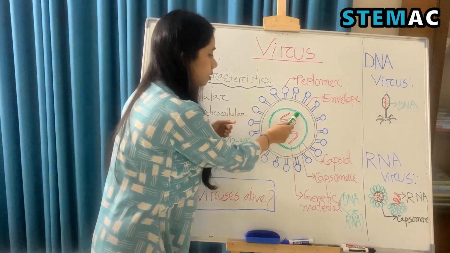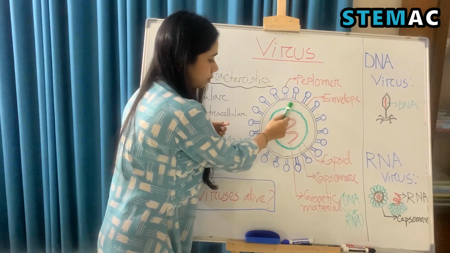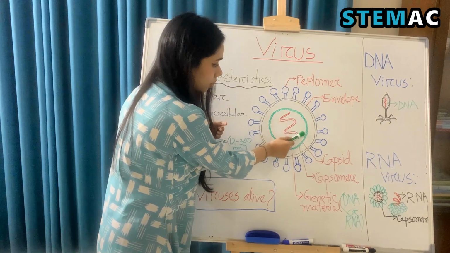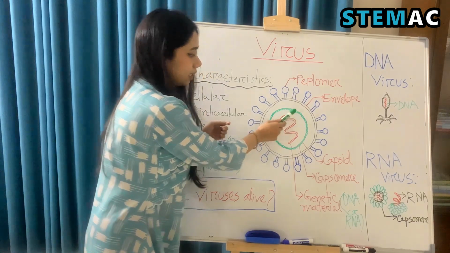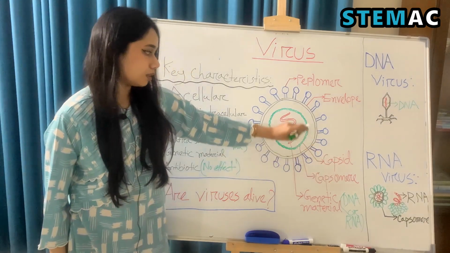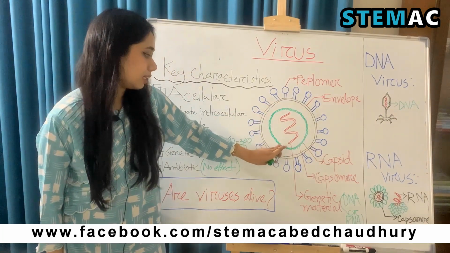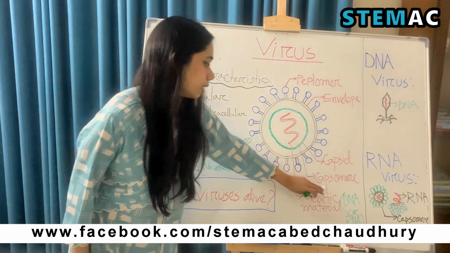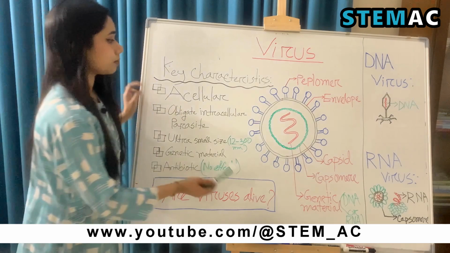You see these small circular round green shapes. They each are called capsomer. They are protein molecules that form this capsid. So each molecule is called capsomer. They are protein molecules.